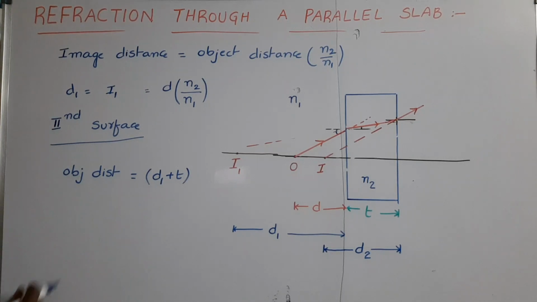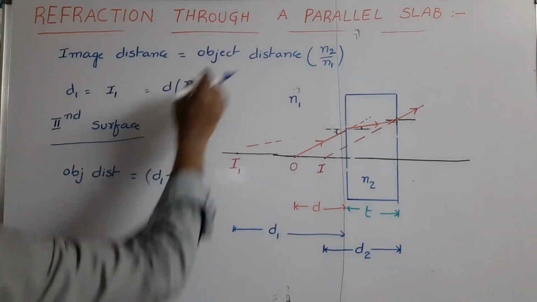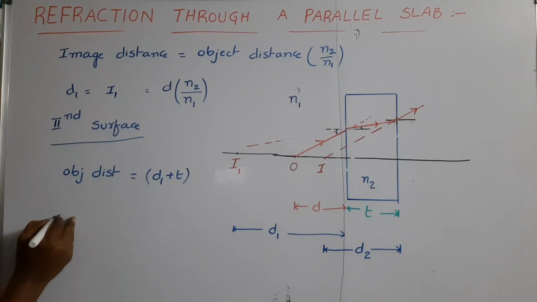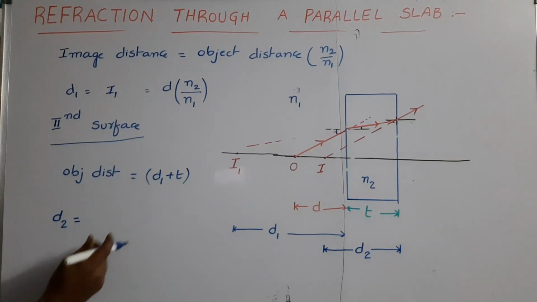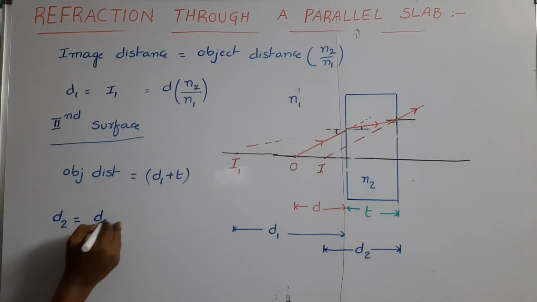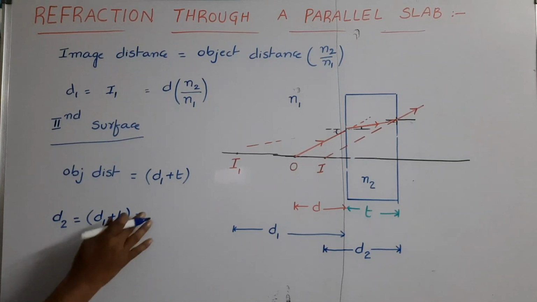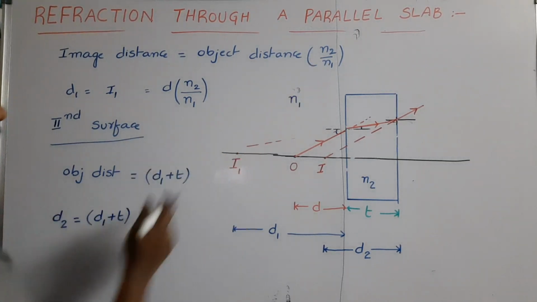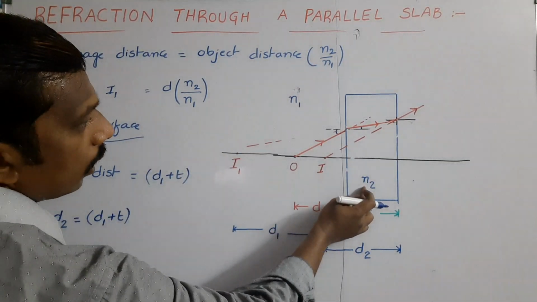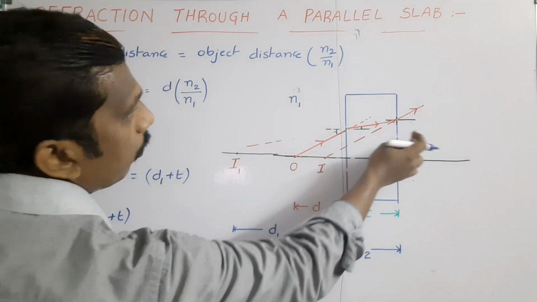So, object distance, this is the formula. For image distance, again we should use this formula. Image distance D2 is equal to the object distance, D1 plus T, into N1 by N2, because the light ray first travels in N1 and then goes from this medium to this medium.